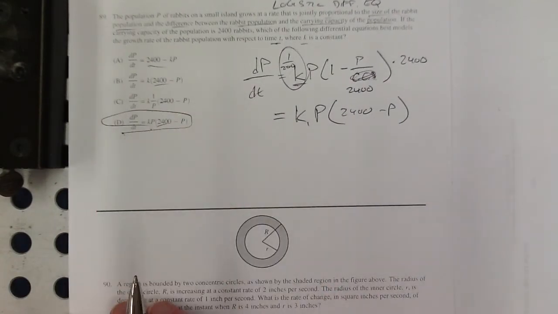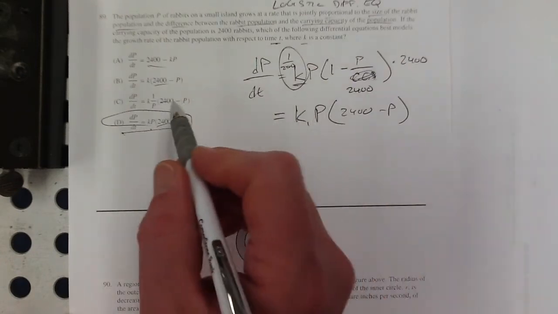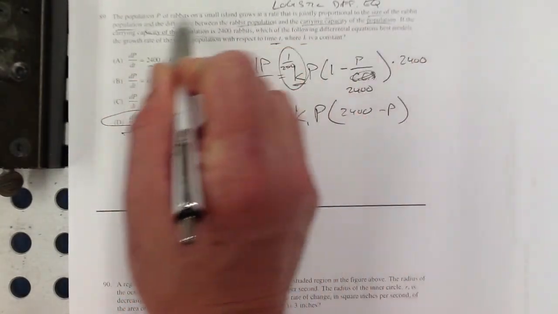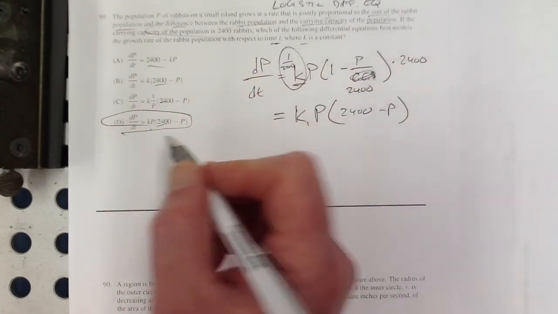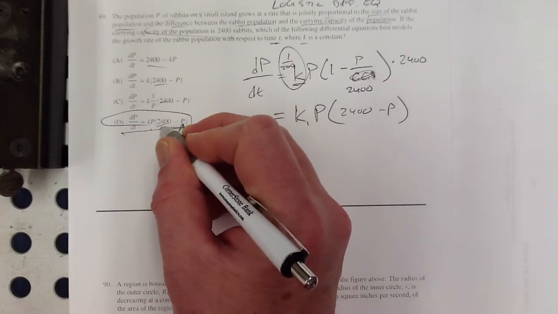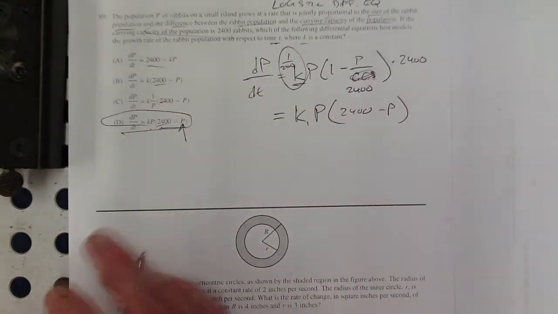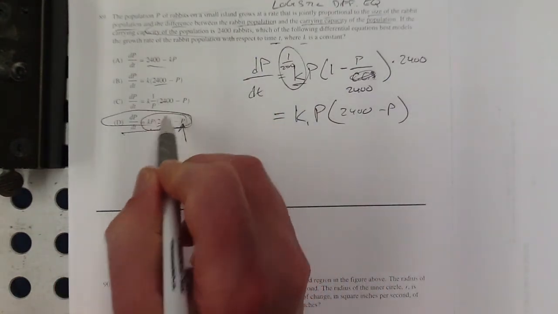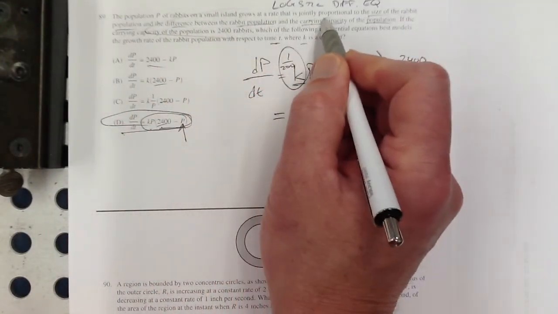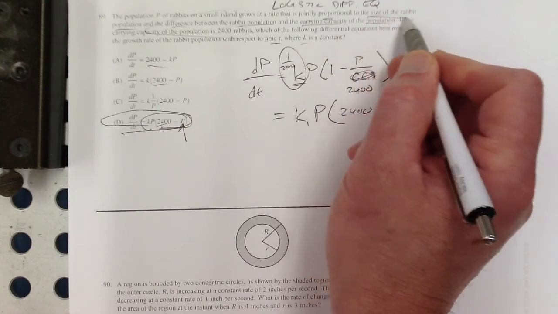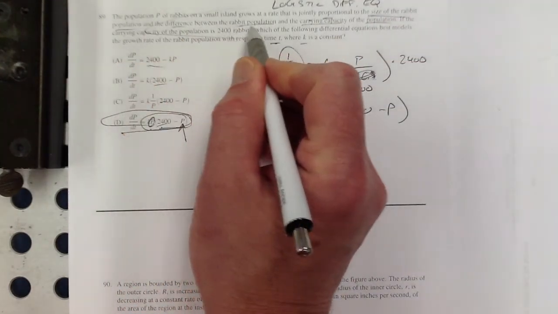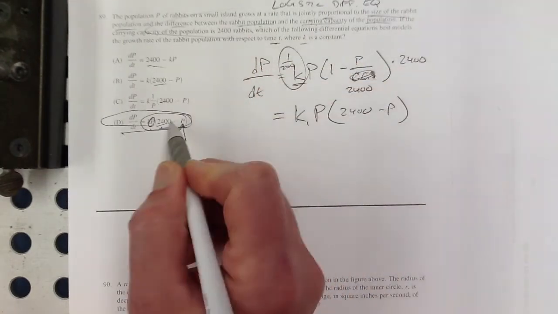And so that gets us to our correct answer, D. Also, if you understand what the logistic factor does, like the closer you get to 2,400, the closer the slope gets to 0, I think you can puzzle your way here also, as it's jointly proportional to the size of the rabbit population and the difference between the rabbit population and the carrying capacity.